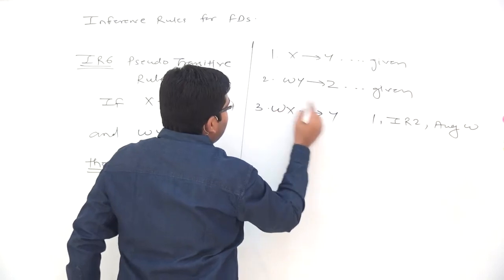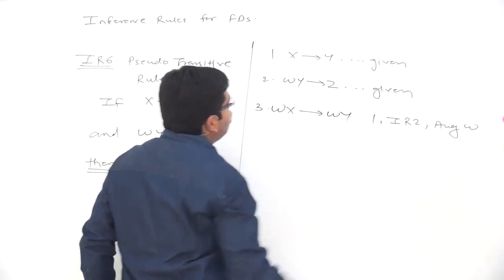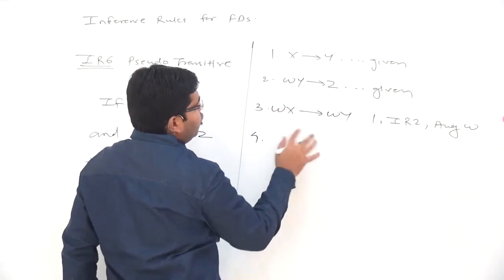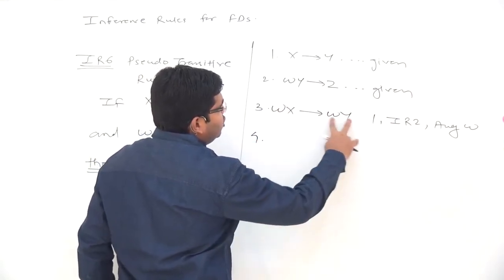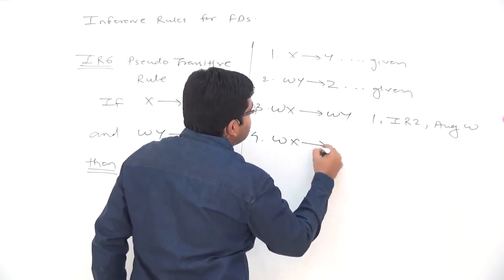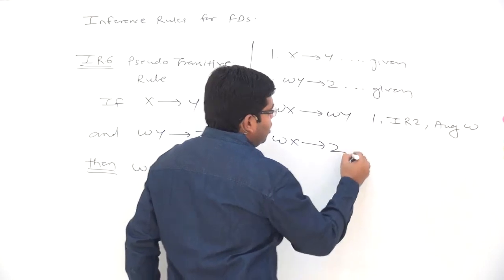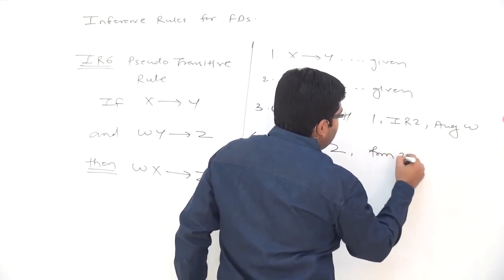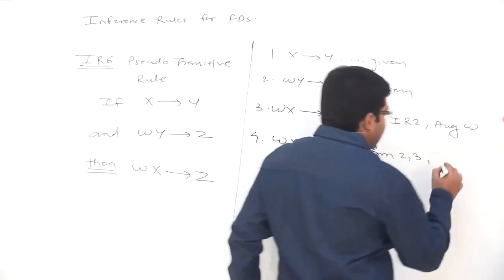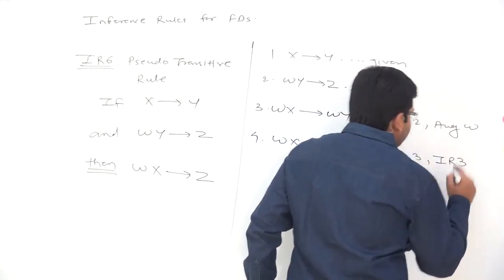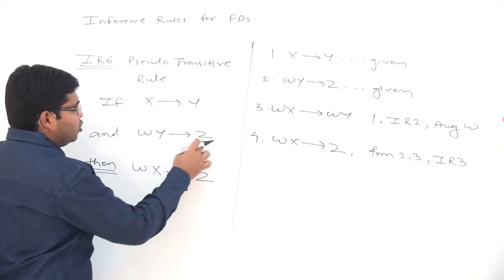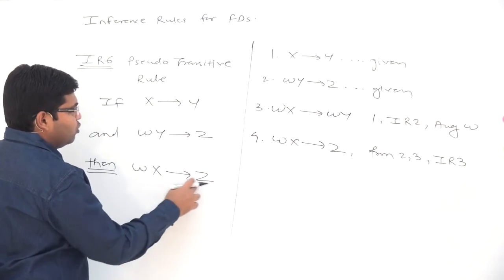So it will be wx gives wy, and now from these two statements, wx gives wy, wy gives z, we can write down wx gives z. So from 2, 3 and the transitivity rule, that is IR3, we can conclude that whenever x gives y and wy gives z, you can say wx will give z.